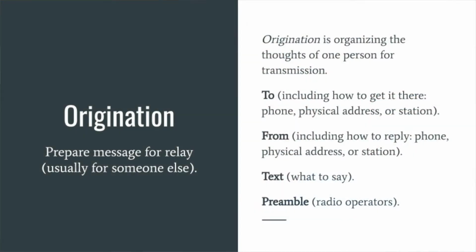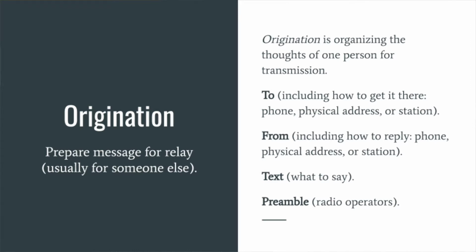First, we will talk about origination. This is usually on behalf of another person. This is why we call it sometimes third-party traffic. Origination is taking the thoughts of one person and organizing it for transmission. We need to know 2. That is, the addressee. Who is going to receive this message? We need to know from.